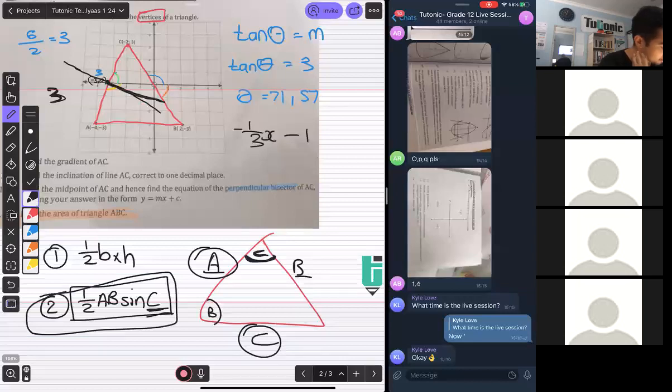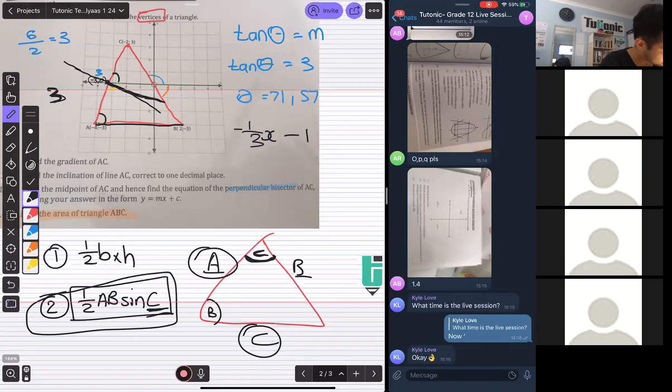Just use this formula, because they want you to work out the angle of inclination of AC. Okay, actually, guys, do you see this is a horizontal line? Yes. Why? Because the y values are the same. So therefore, the angle over here is the same as the angle here.